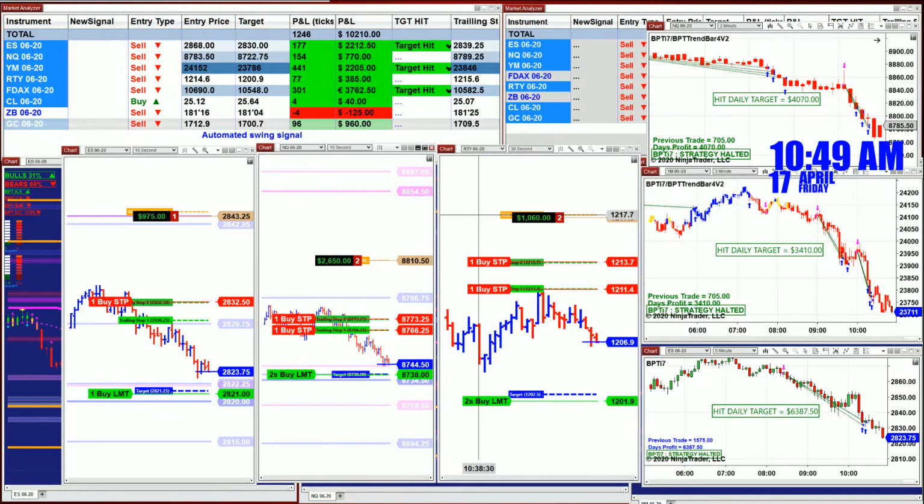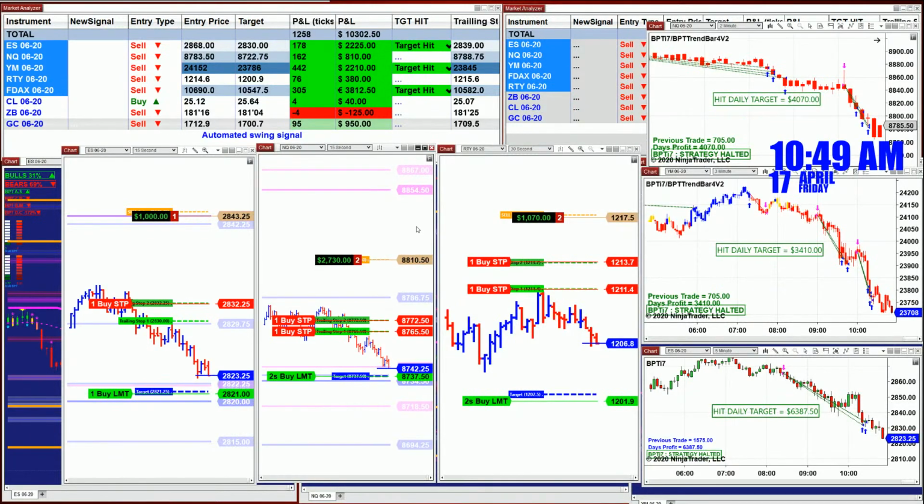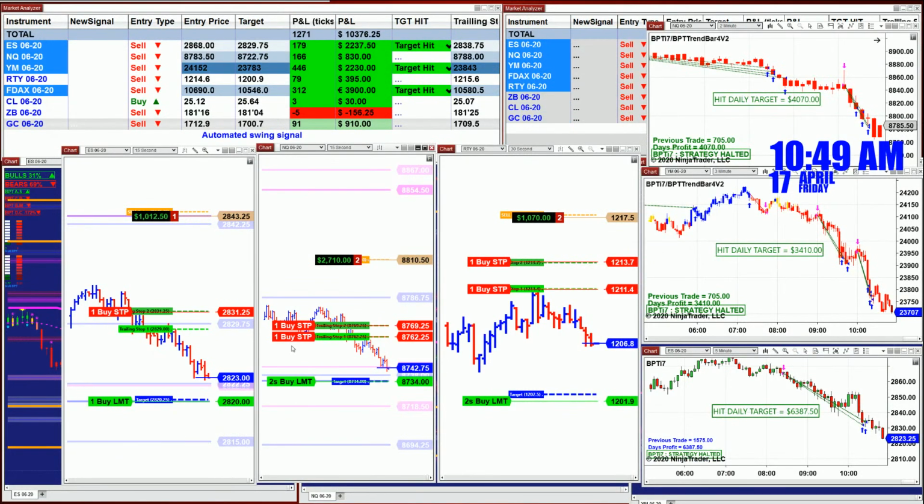Look at this. Now you can see how on the NASDAQ, the auto trade is playing cat and dog with the market by itself.